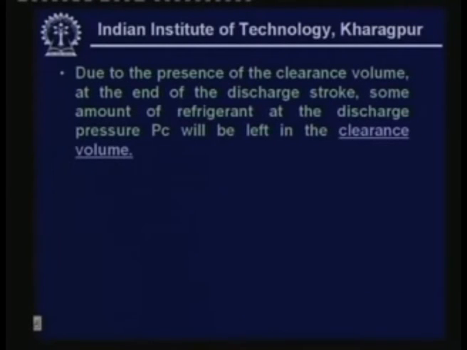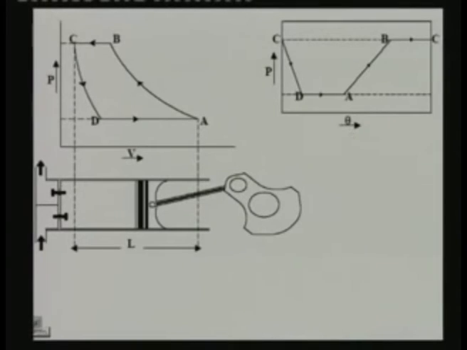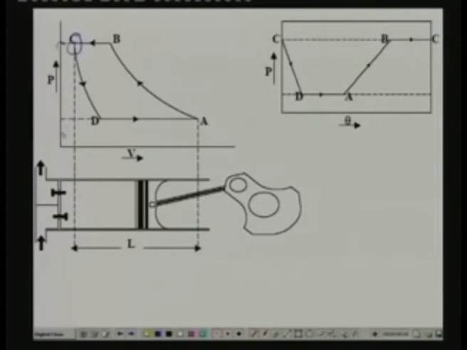Due to the presence of the clearance volume at the end of the discharge stroke, some amount of refrigerant at the discharge pressure Pc will be left in the clearance volume. Because of this clearance, the discharge does not go up to this point, but it stops at some point C. So some volume is left at this point, and here the return stroke starts.